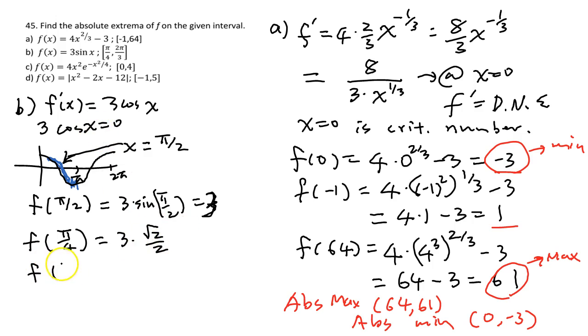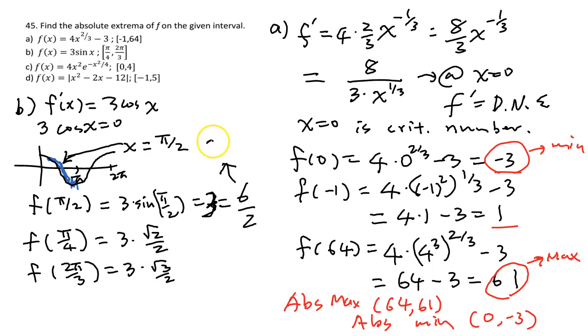And f of 2 pi over 3, the sine value is positive, root 3 over 2, so that's 3 times root 3 over 2.